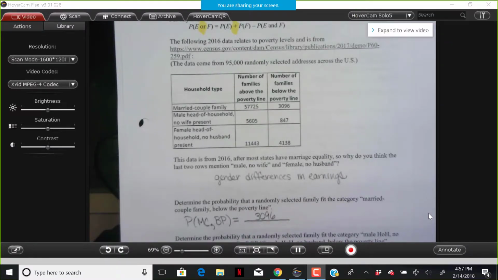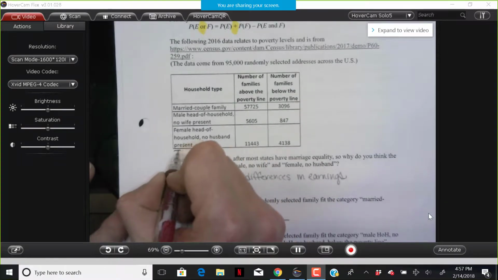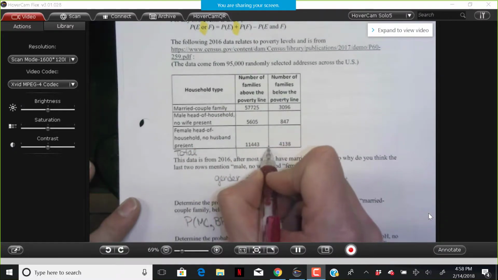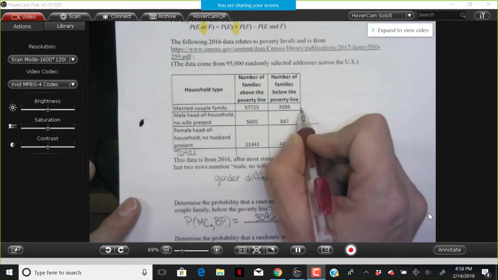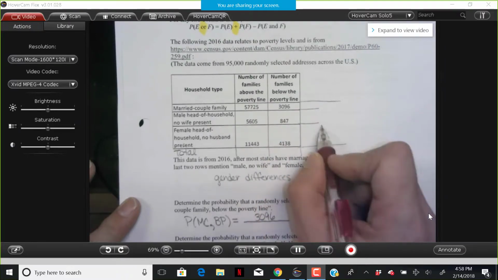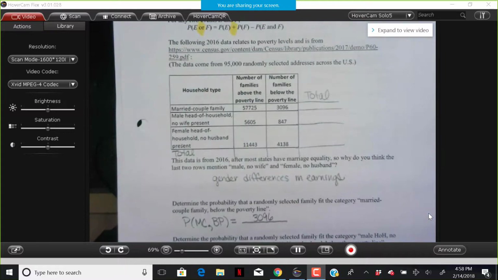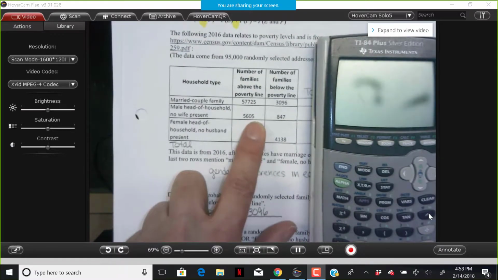So 3096. How am I going to get the denominator? Yep, we have to add up every single number in the table. What I'm going to do is add a row at the bottom. I'll add down, I'll add across, so we have all these totals. Okay.